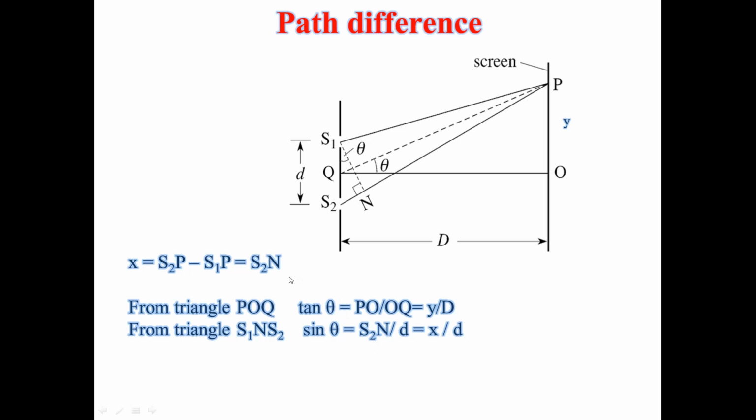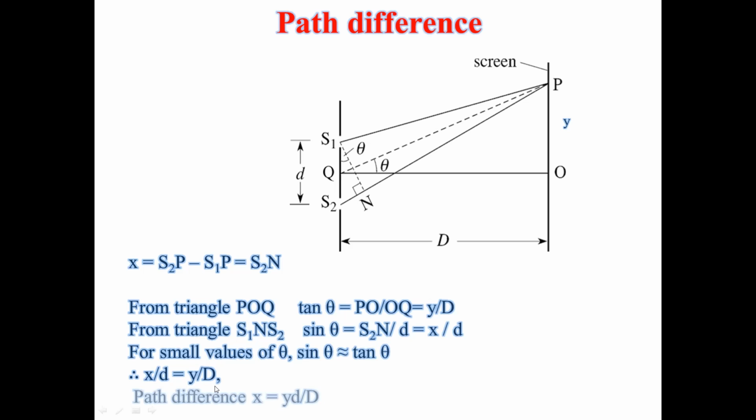S2N is the path difference x, so sin theta is equal to x by d. For small values of theta, sin theta is approximately equal to tan theta. So we can write x by d is equal to y by capital D, or the path difference x is equal to y small d by capital D.